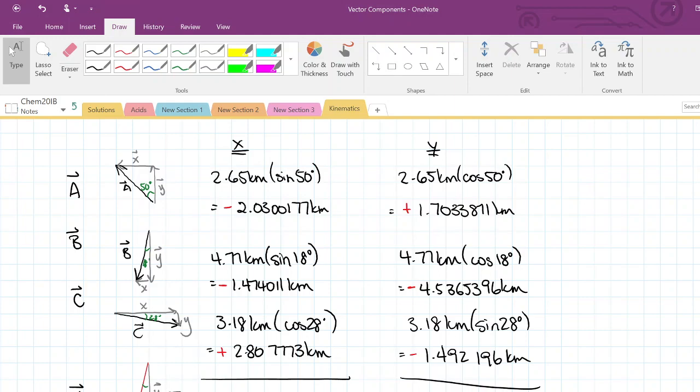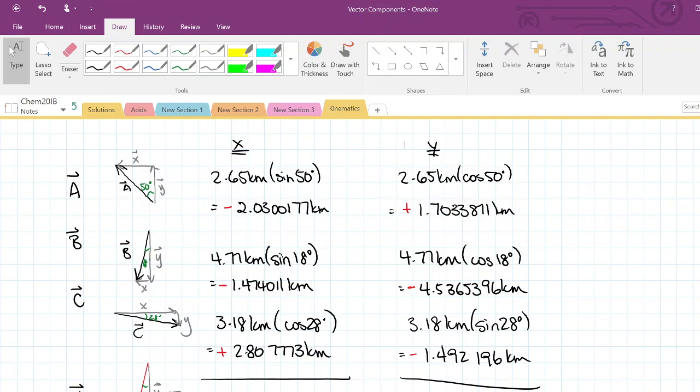So I insert my negative. Now I'm going to do the same thing for y, and y is adjacent to the 18 degrees. So that's cosine. So I take 4.77 kilometers times cos 18. That gives me 4.5365396 kilometers. Y is pointing due south, which is negative. So I insert the negative sign. And I hold on to all my digits.